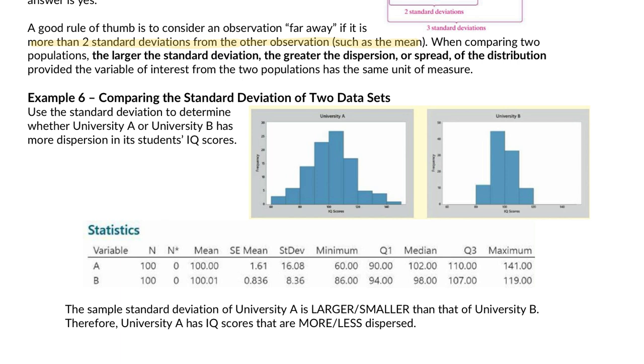But we found that the standard deviations for the 100 people's IQs from University A and B are 16.08 and 8.36, which means that the sample standard deviation from University A is larger than that of University B. It's a bigger number. Therefore, University A has IQ scores that are more dispersed, which again makes sense visually in the histogram. Its data is more dispersed, so it has a higher standard deviation.